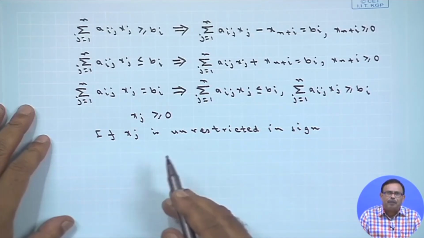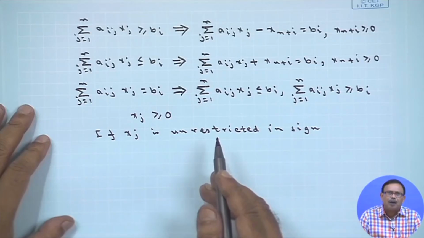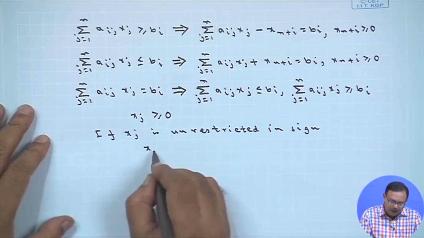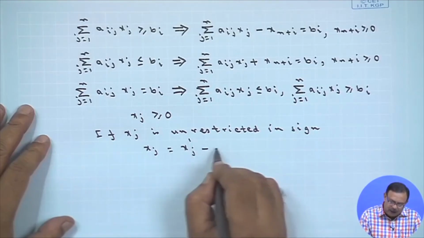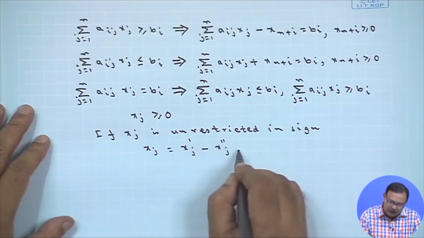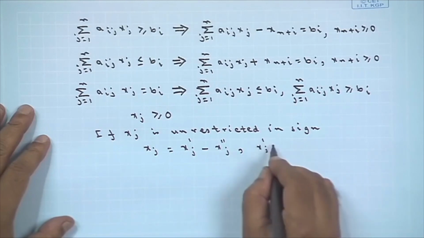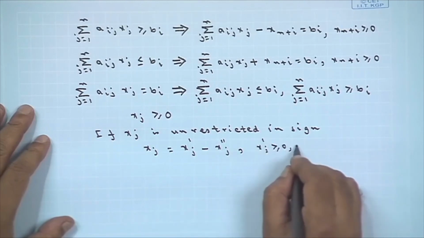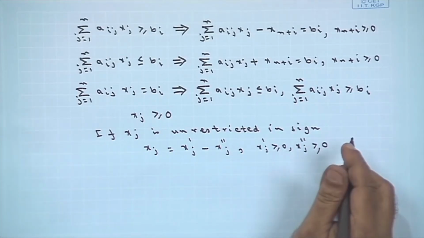So, xj I have to rewrite in terms of other decision variables that are greater than equals 0, or in other words I can write xj equals xj dash minus xj double dash, where xj dash is greater than equals 0 and xj double dash is also greater than equals 0.